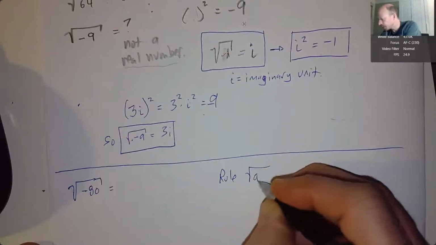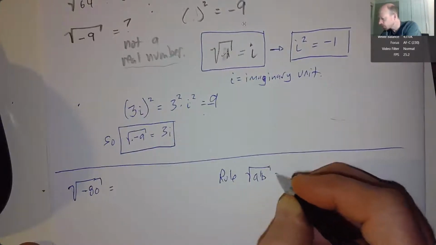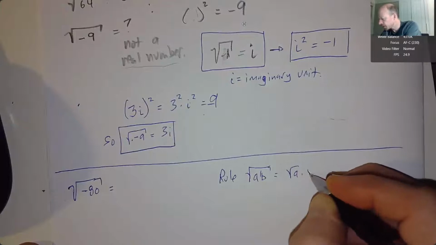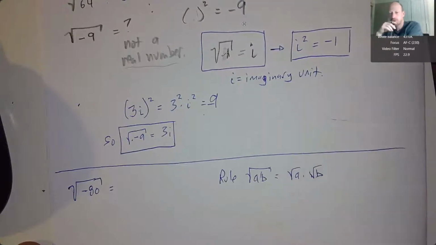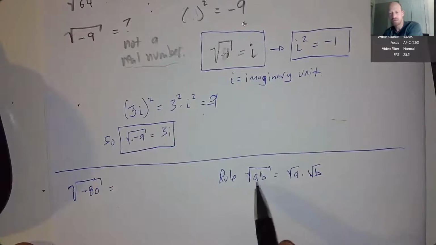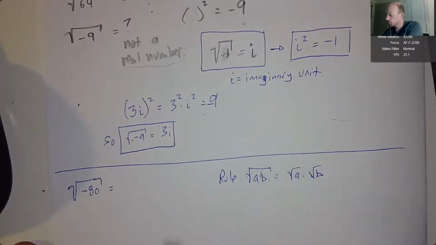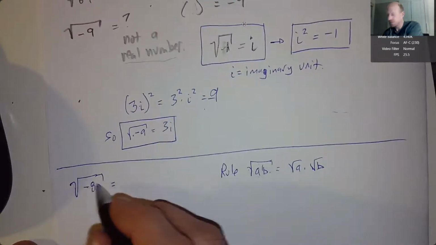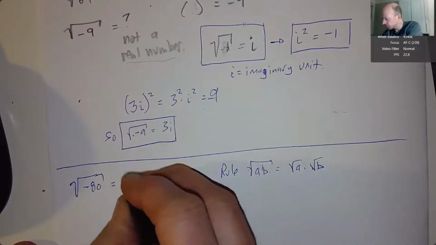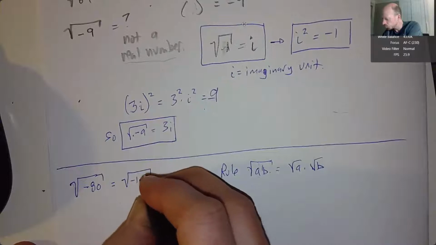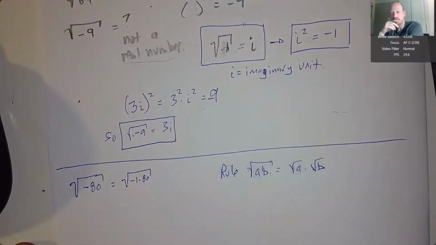The square root of a times b is the square root of a times the square root of b. So what that says is I can take the square root of each part separately. So when I look at negative 80, I could start by seeing it as minus 1 times 80.